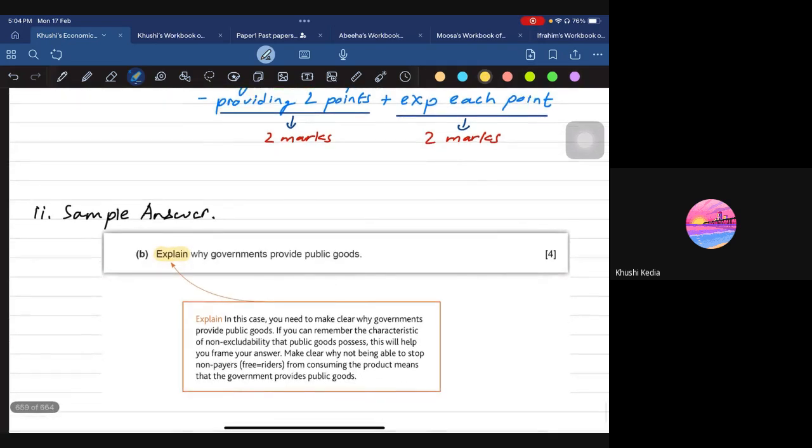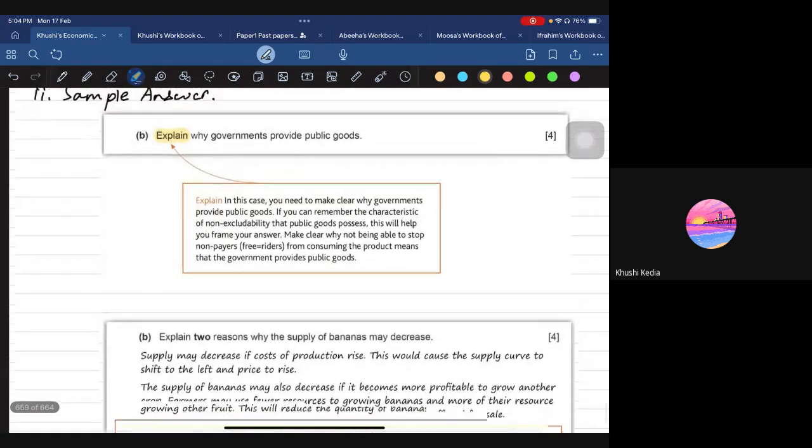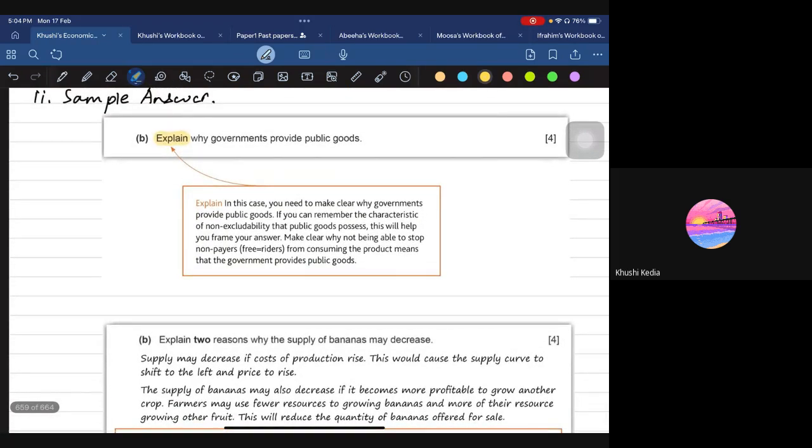And then he has talked about that in this case, you need to be clear about why government provide the public goods. You could talk about the non-rivalry and the non-excludability and all those things. Now, what I actually want from you is not this. I want you to read this first. Read the question and the answer and then mark.